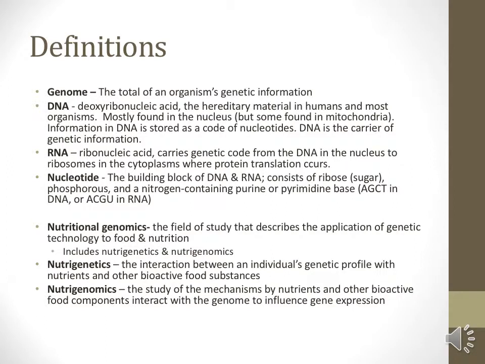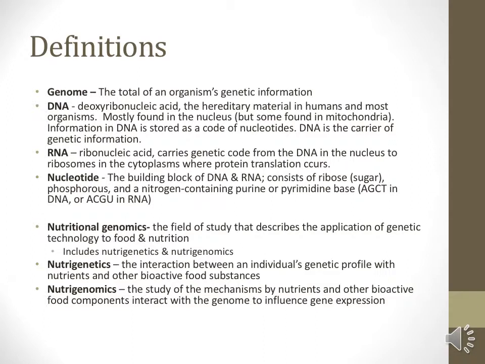Instead, mRNA is formed in the nucleus. The term that we use is transcribed. So the DNA is transcribed into RNA. And then that RNA will travel out of the nucleus into the cytoplasm to a ribosome, and that is where the protein manufacture actually occurs.